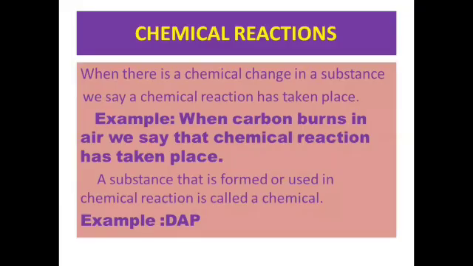Now, let us see about chemical reactions. When there is a chemical change in a substance, we say a chemical reaction has taken place. A very common example we have discussed is when carbon burns in air: a chemical reaction has taken place because carbon is the substance that is burning and it has formed a new product, carbon dioxide.